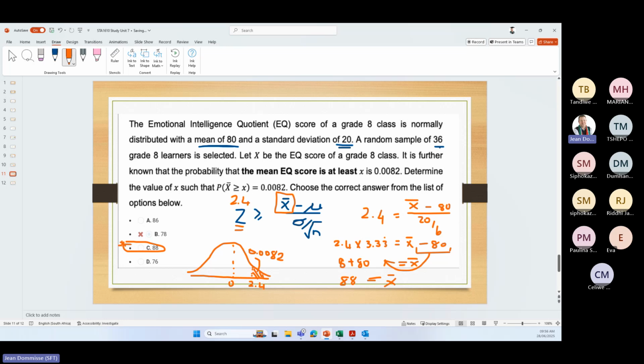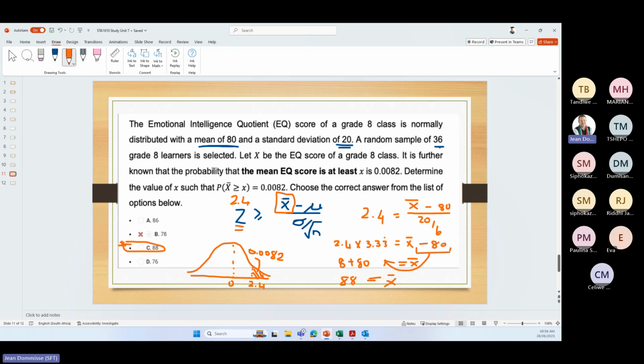C. Okay, so this is a bit different because we used to get the mean, the standard deviation, the x, then we used to work that out, get the z, go to your distribution, and get the probability. This time they've given us the probability, so we need to work backwards. And with this, they can ask you a few things.